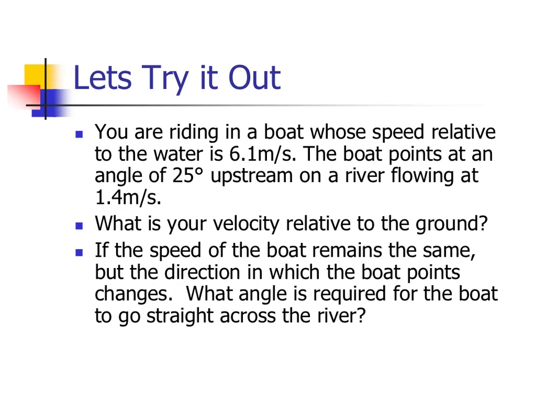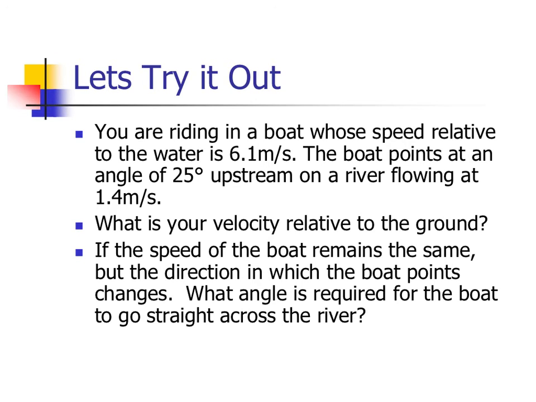So our first real good problem is the boat problem. And as I said previously, it's good to draw some things out. We're riding a boat whose speed relative to the water is 6.1 meters per second. The boat points at an angle of 25 degrees upstream on a river flowing at 1.4 meters per second.